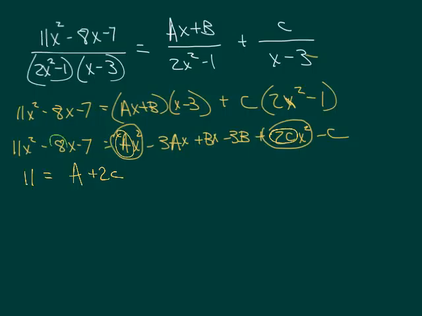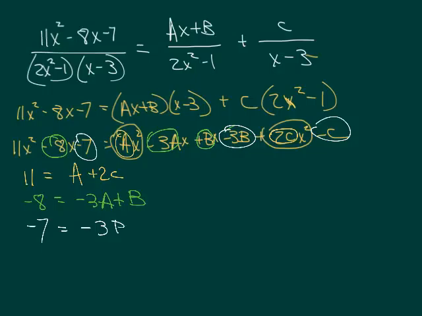And this negative 8 is going to be equal to negative 3a and, let's see, what do I have here? Oh, the b here, because that's a bx. So negative 3a plus b, because I just looked for all the x's. Now I'm going to look for just the numbers. We'll do that in white. Negative 7 from right here equals, there's no x here and no x there, so negative 3b minus c.